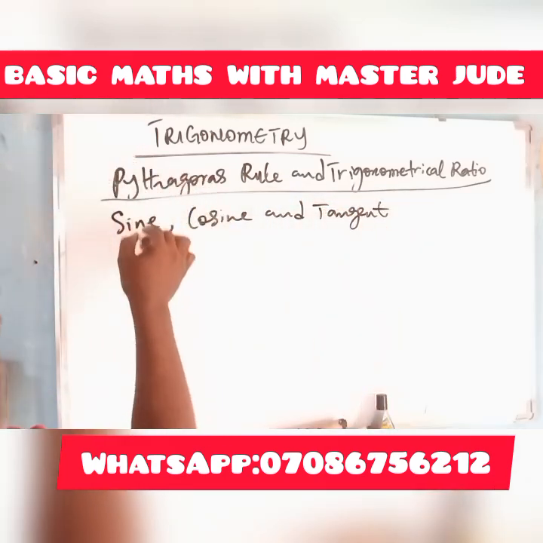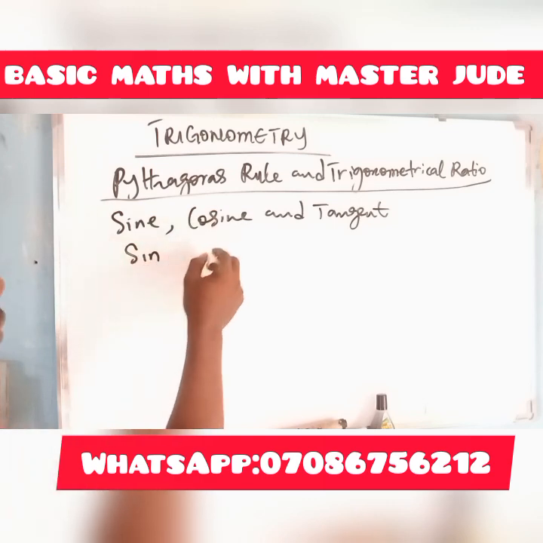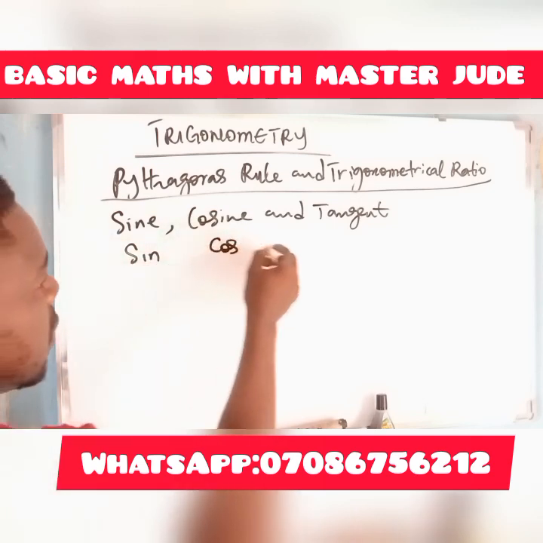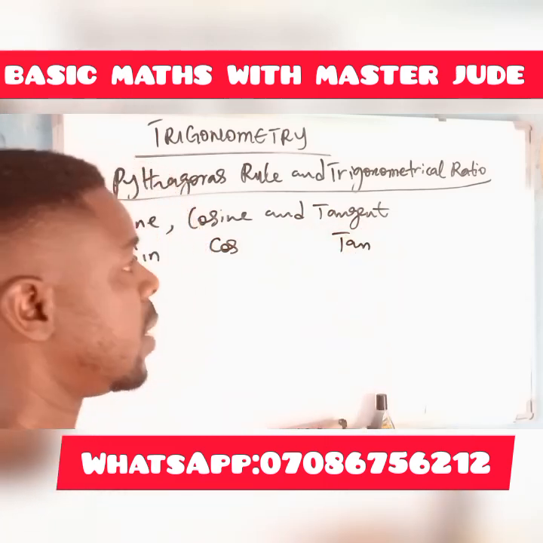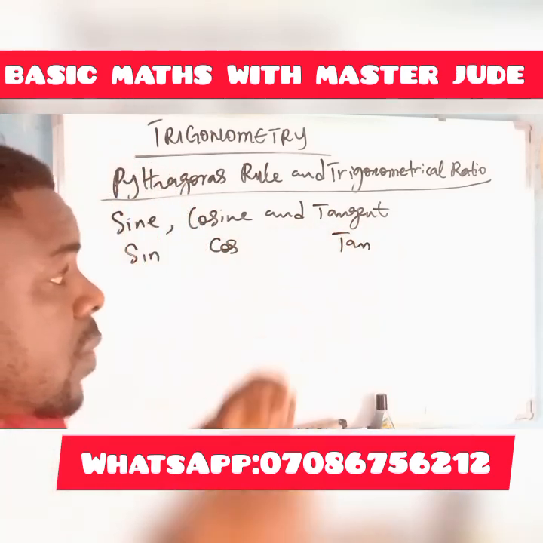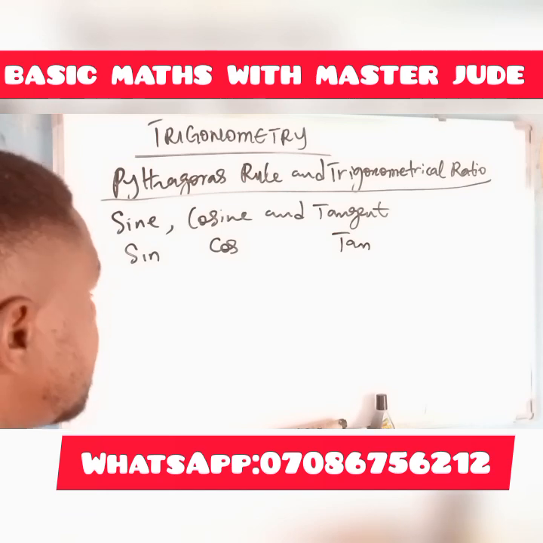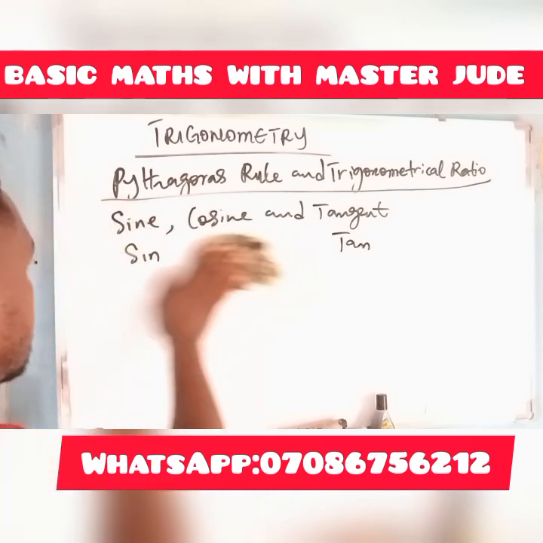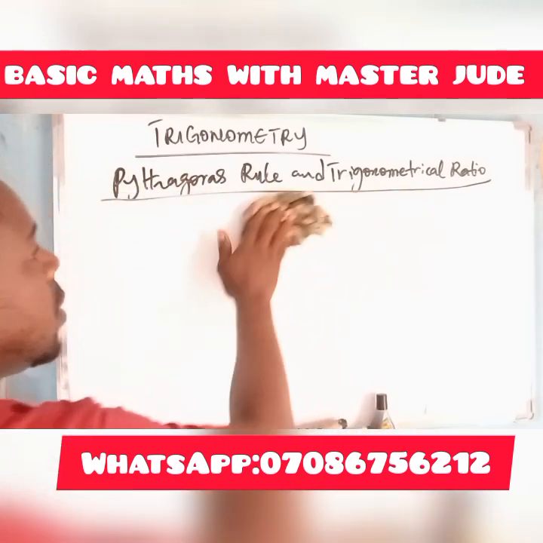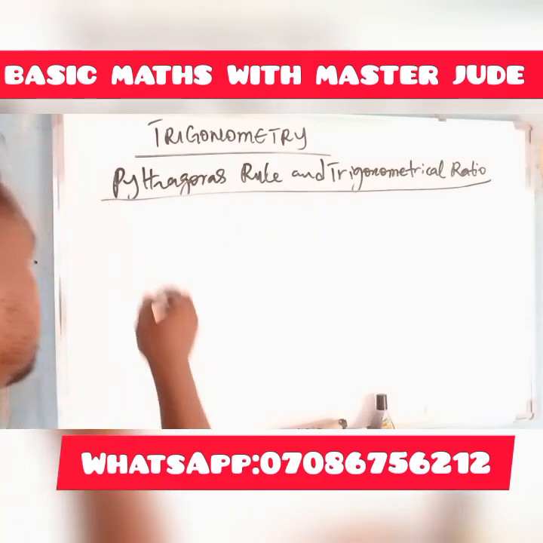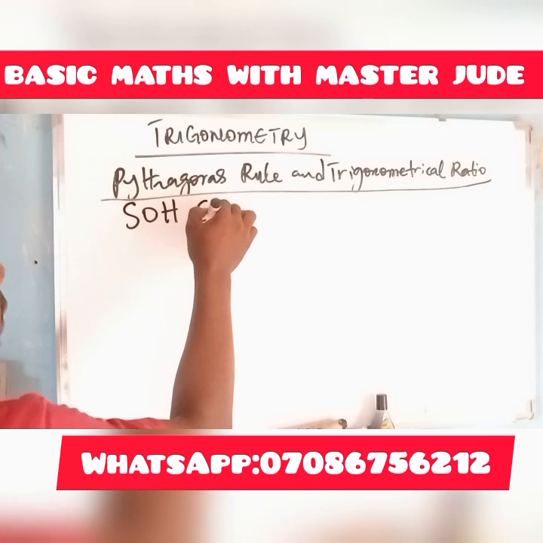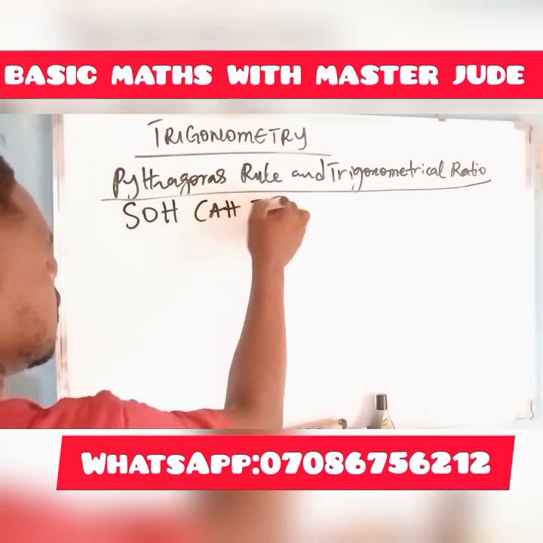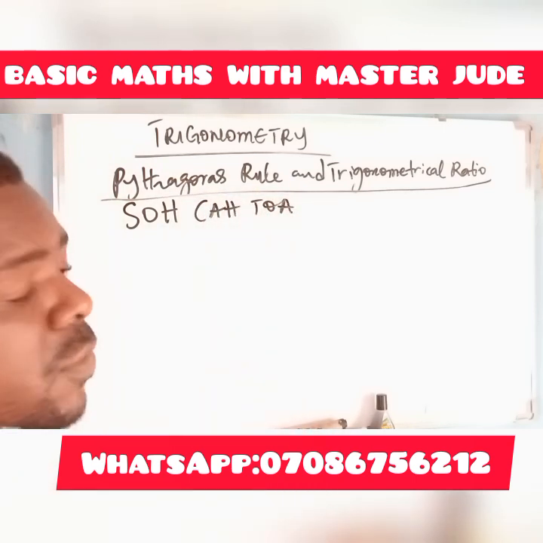The abbreviation of sine is sin, the abbreviation of cosine is cos, and the abbreviation for tangent is tan. Under trigonometrical ratio, we'll be using an acronym known as SOHCAHTOA to solve.